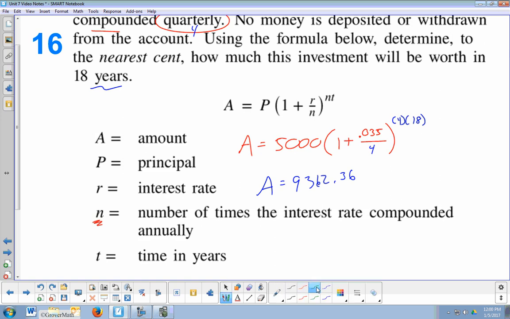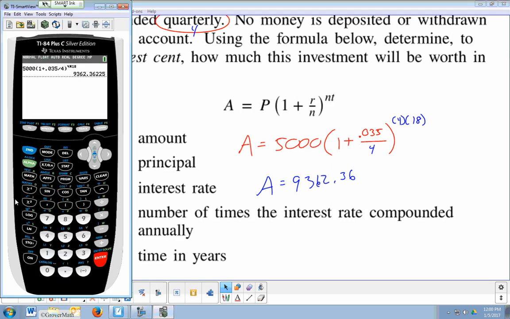All right, so what if I were to compound it monthly instead of quarterly? Compounded monthly, we would have N equals 12. Do we think that would give us more or less here? Well, the more times you apply the interest, the more increasing it's going to have. So the more times something's compounded, typically, the larger the value. So let's look at that.